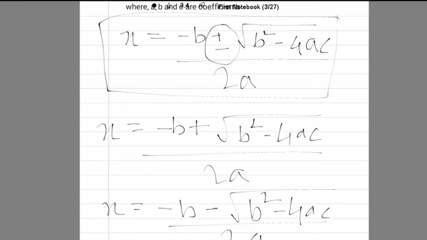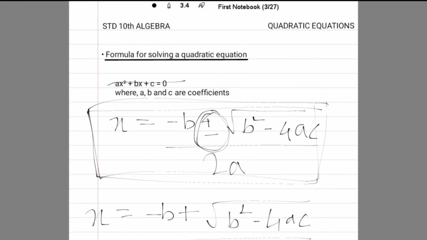Okay, so these are the two formulas, or you can say this is only one formula for that, and the only thing you have to remember here is plus and minus sign. So this is the only one formula which you have to remember, and that b, a and c are the coefficients of the given quadratic equation.